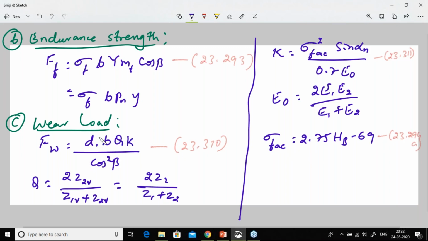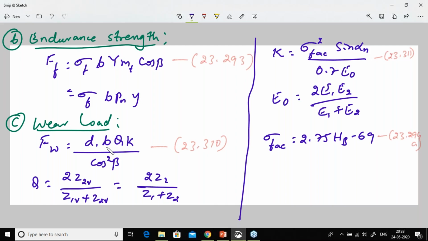Always Fw and Ff should be greater than Fd. Then only the design is safe. If Fw is less than Fd, then we have to make one or more changes, that is recalculating the error small e, or calculating Fd by decreasing error small e.